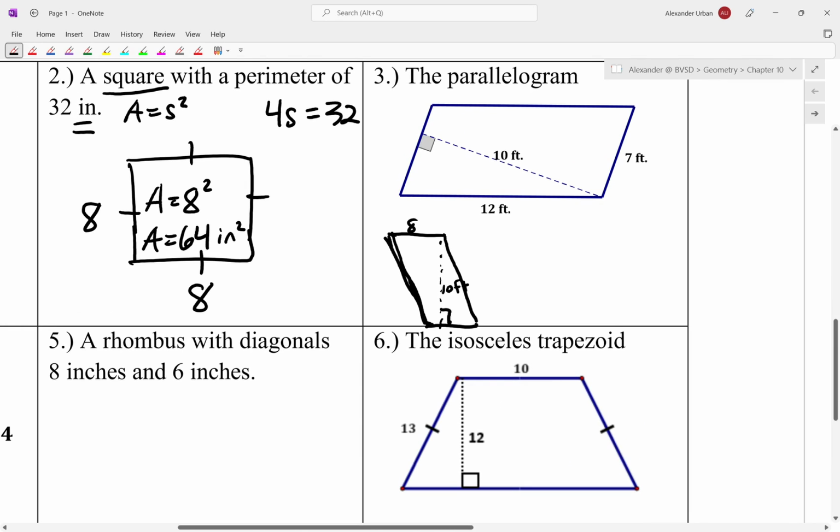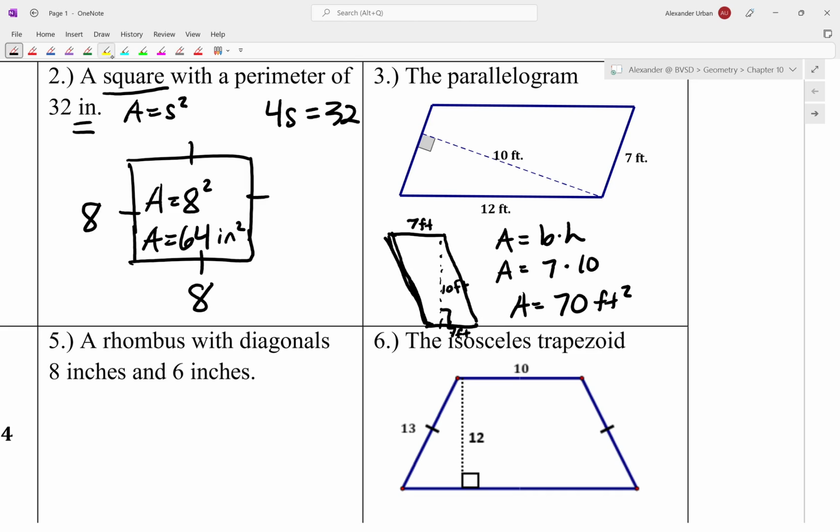And the base in this case is going to be 7 feet because the top of it's 7 feet, which represents the bottom of 7 feet as well. It's a parallelogram. Opposite sides are congruent. So you have area is equal to base times height after I spin it. We just talked about the base being 7 and the height being 10. And in this case, that's going to get you 70 feet squared.